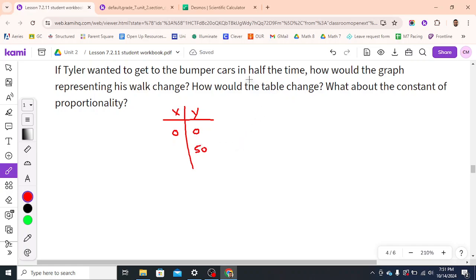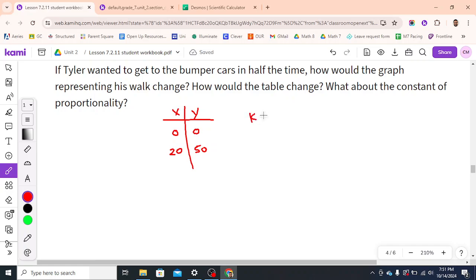But it said if he wants to get there in half of the time, so instead of 40 seconds, we'd have to do half of the time, which would be 20 seconds. How would the table change? Well, we just kind of did that, (20, 50). We can find more numbers if we need to. Constant of proportionality, maybe we can focus on that part, and then maybe talk about the graph, what that looks like in just a moment.